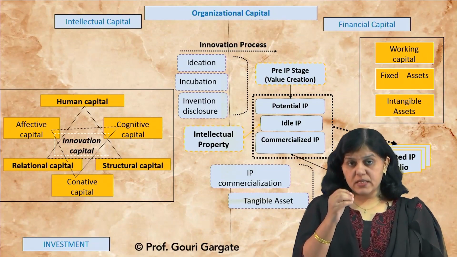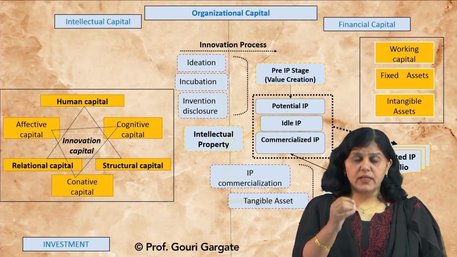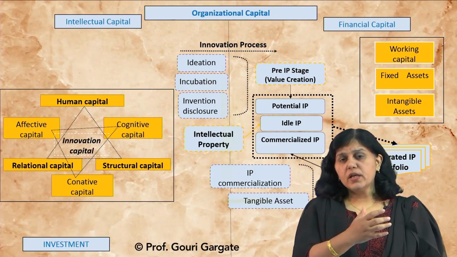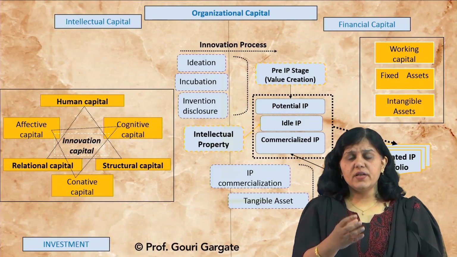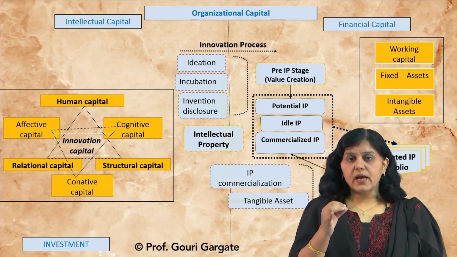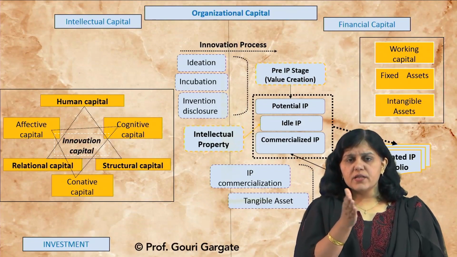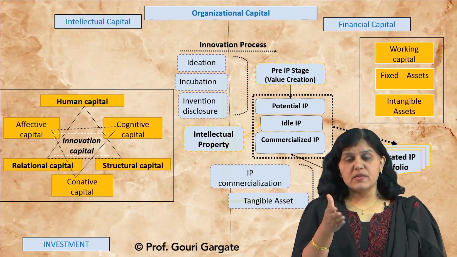With MSMEs, the observation is that they are working on a product for any particular problem for years together, 10 years, 15 years. And once you start the patent filing activity, I have seen that after the first filing there are a series of patents that MSMEs file.